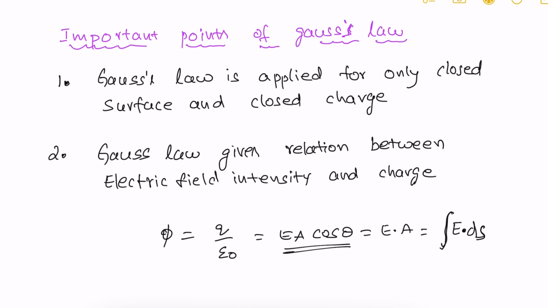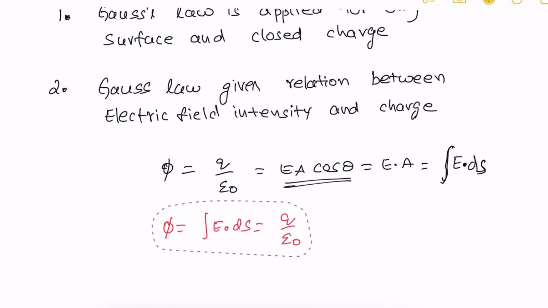Integral E dot ds means the total number of electric field lines. So what is here? Phi is equal to integration E dot ds is equal to q by epsilon naught. So here E and q are there. So this is a relation between electric field intensity and charge.